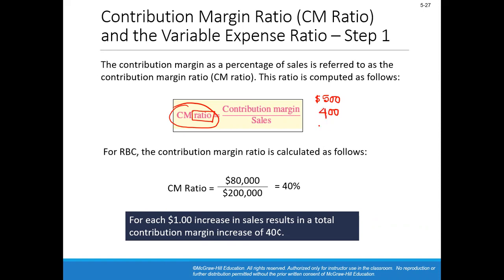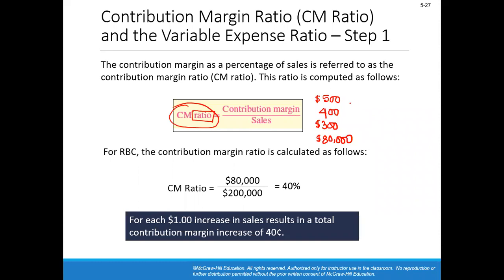Then variable cost per unit is 300 per unit, and fixed cost was about 80,000. I would recheck if there is any mistake, or you can help me.